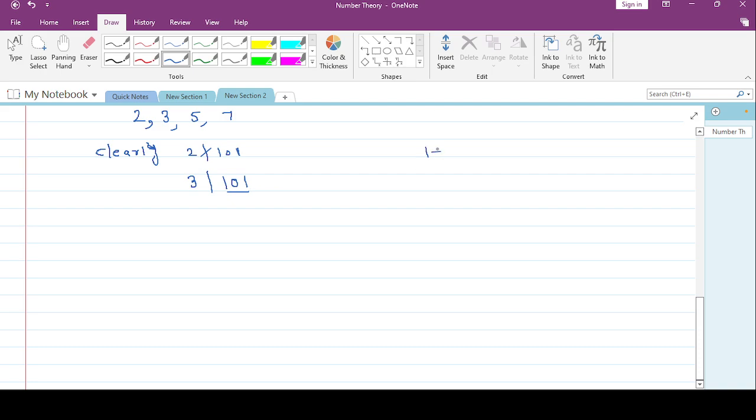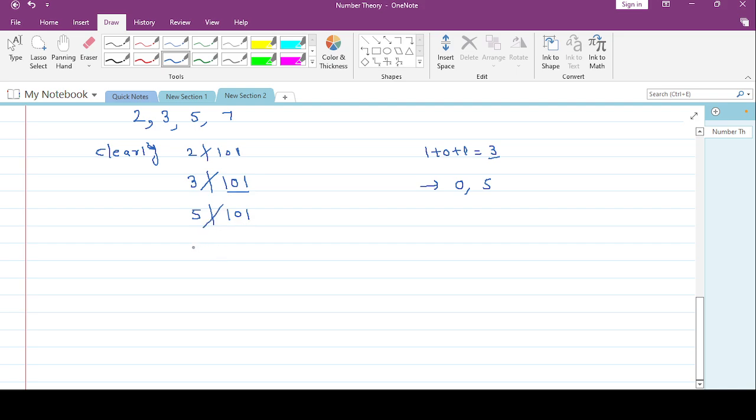The sum of the digits is 1 plus 0 plus 1, which is 2, so 3 cannot divide 101. Now 5: does 5 divide 101? 5 can divide only those numbers which end with either 0 or 5. 101 ends with neither 0 nor 5, so 5 does not divide 101.